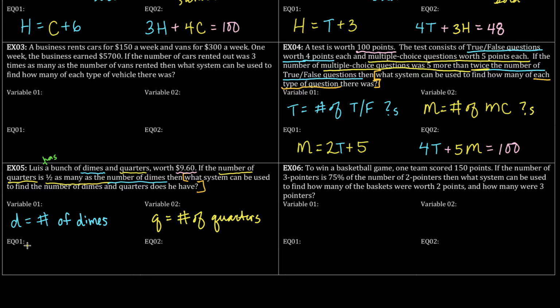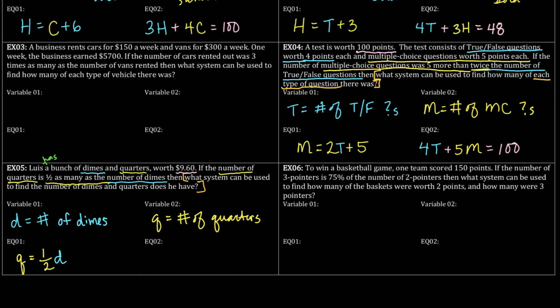We know that the number of quarters is half as many as the number of dimes. And we also know that there's a total of $9.60.